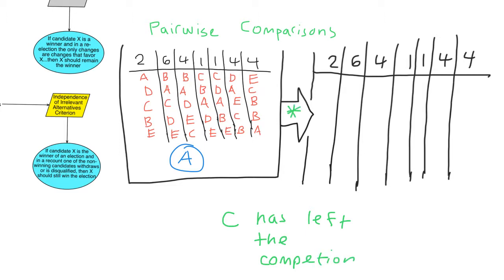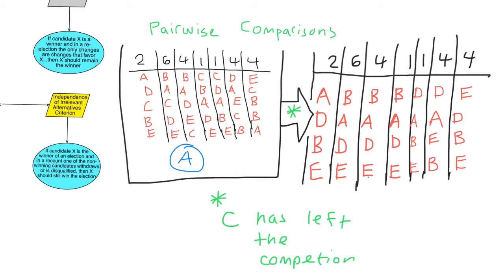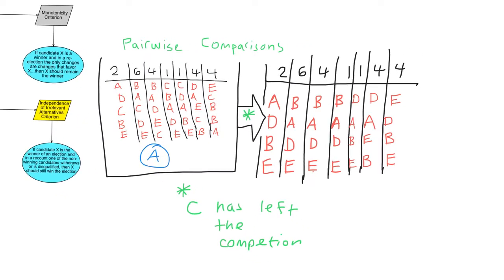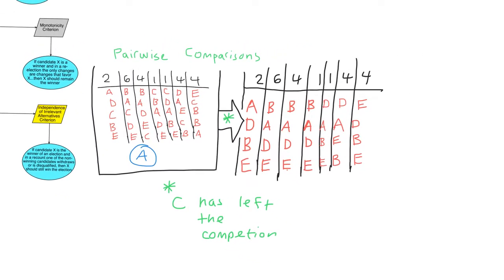So I'll do a little asterisk. And now we have a new preference schedule after C, who, by the way, didn't even win the first election, has left the competition before the recount. So here's the new preference schedule, which of course no longer features C in the competition.